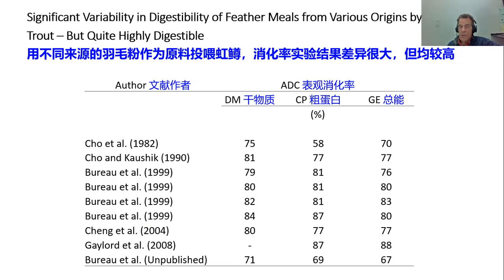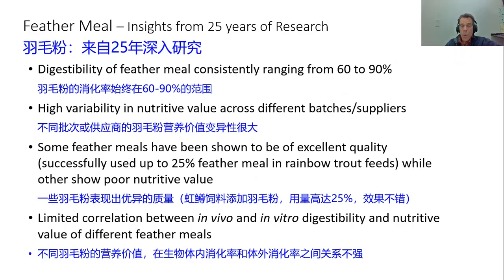So you can see estimates of digestibility are really quite highly variable across this ingredient. We actually looked at the digestibility of feather meal and found that it ranged between 60 and 90%.